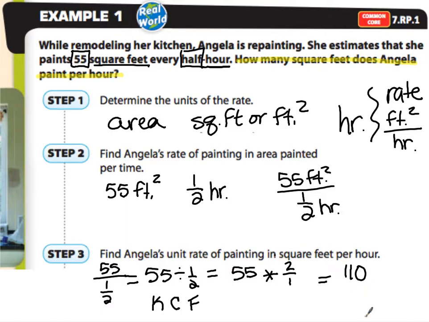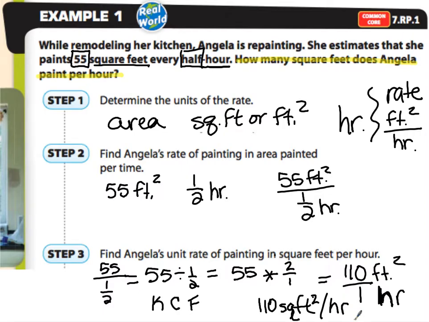So her unit rate is 110 square feet. Now we do have to put it over 1, so we can say 110 square feet per 1 hour. Sorry, I know that looks a little funky because my pen got weird. Or you can write it as 110 square feet per hour, and we don't have to put that 1 in there.